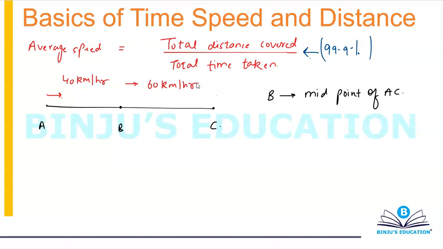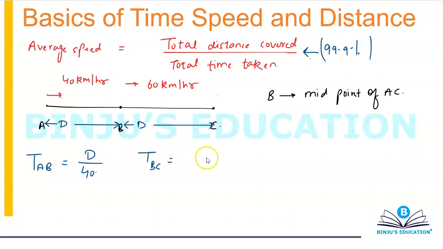Alright, so we're gonna follow the same process again. I just know one relationship, that's it. Average speed is equal to total distance covered divided by total time taken. Okay, so let's first say that the distance from A to B is D and the distance from B to C is also D. So time taken in going from A to B is simply D by 40, and time taken in going from B to C will simply be D by 60.